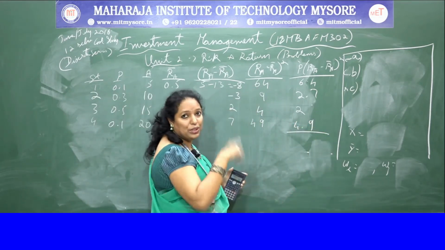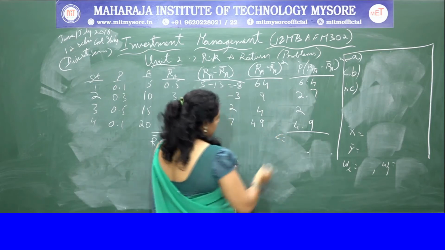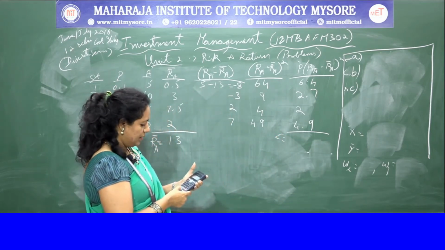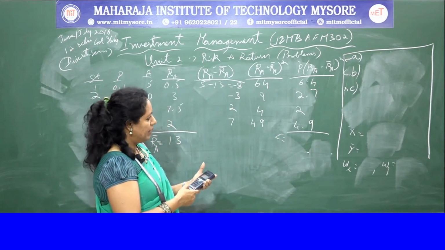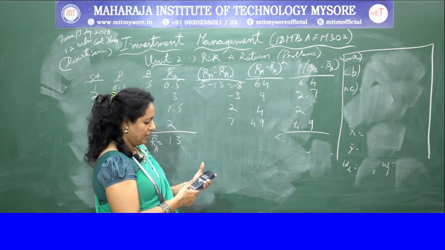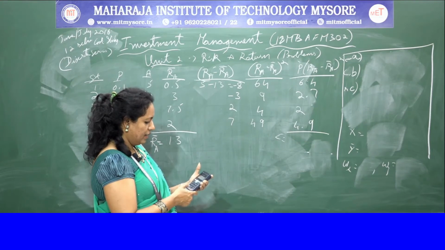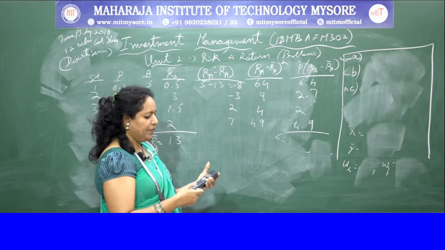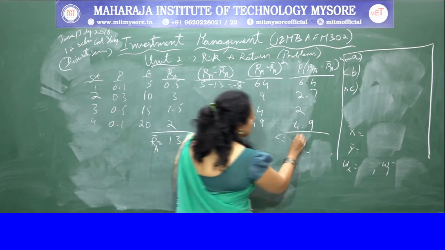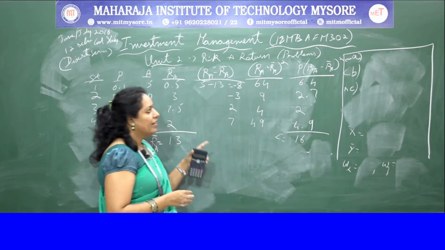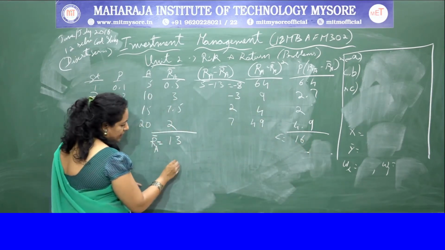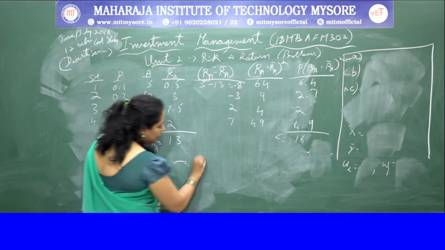So, we are going to do the sigma of this. So, 6.4 plus 2.7 plus 2 plus 4.9. You get the answer as 16. Okay. Once we get the answer 16, we are going to calculate the standard deviation.